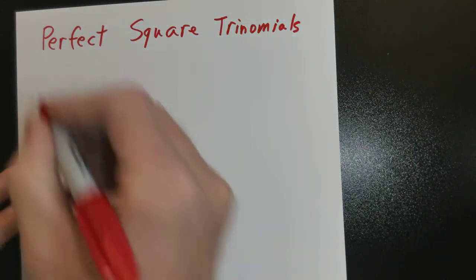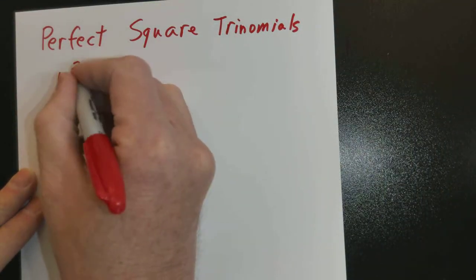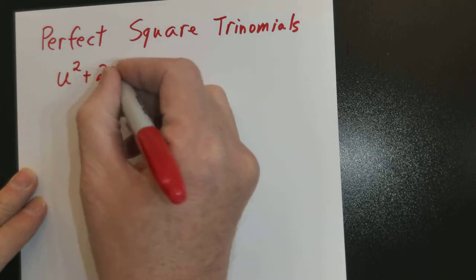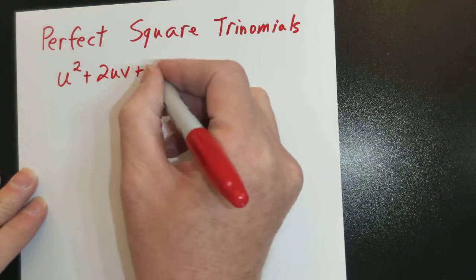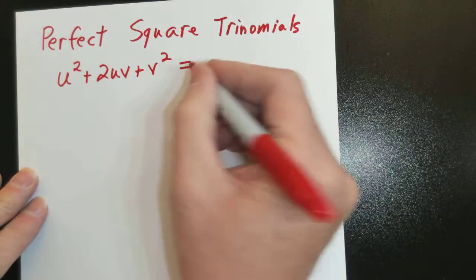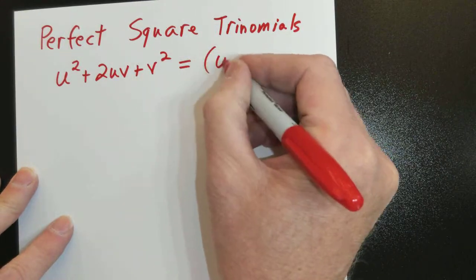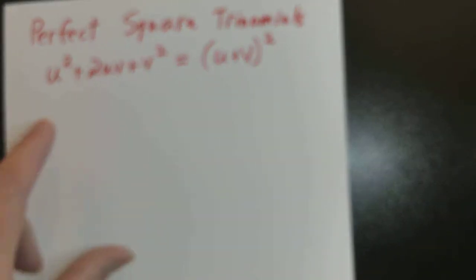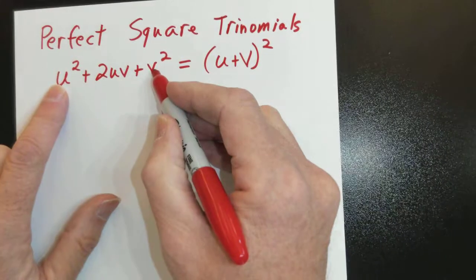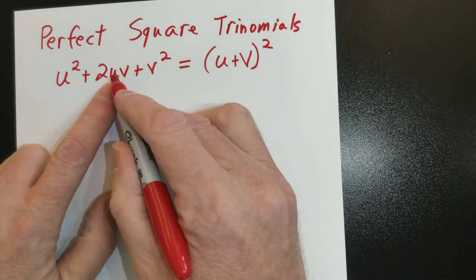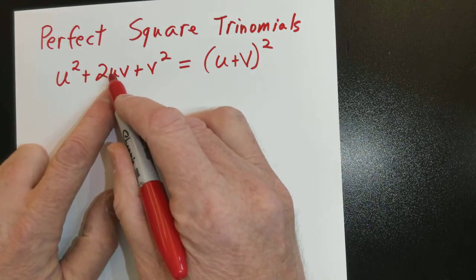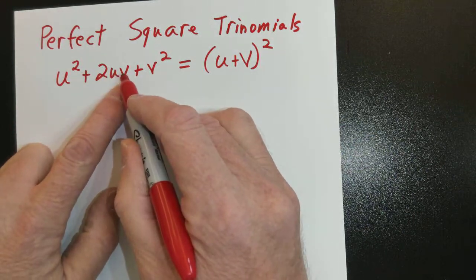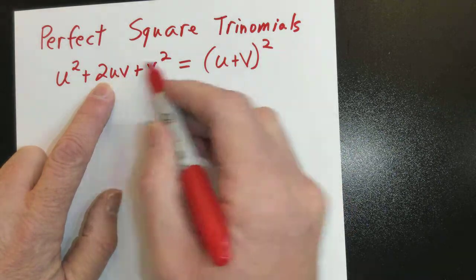U squared plus 2uv plus v squared is equal to (u plus v) squared. This one squared, this one squared. When the product of 2 times u times v, u is not squared, v is not squared, 2uv is in that middle.